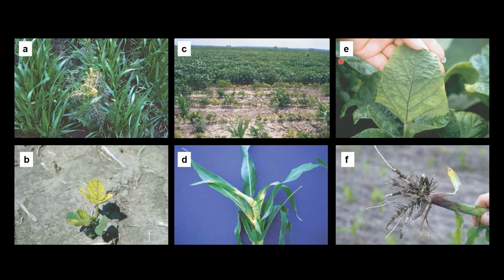Injury symptoms caused by ALS inhibiting herbicides are not apparent until several days after treatment, although susceptible plants stop growing almost immediately. Affected plants can exhibit stunting, interveinal chlorosis, chlorotic banding on grass leaves, red leaf venation, purpling, root pruning, and gradually death. The risk of crop injury from the sulfonylurea and sulfonamide herbicide is more likely on high than low pH soils.